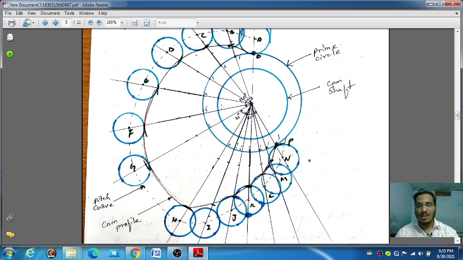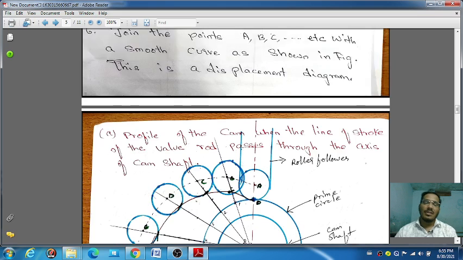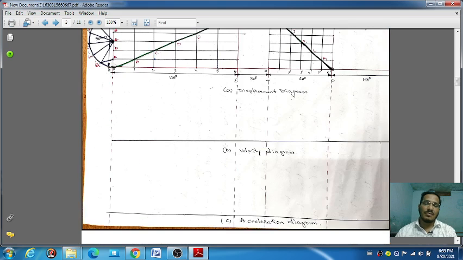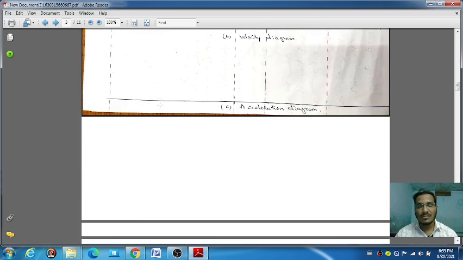Like this on the outstroke, we do the same on the return stroke, denoted as 1 dash, 2 dash, 3 dash, 4 dash, 5 dash. Then taking the compass with the pencil, put it at this point 0. 0 means the curve will be here only. Then second is 1 to B.